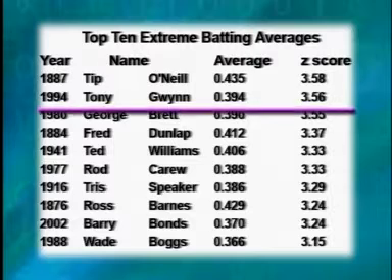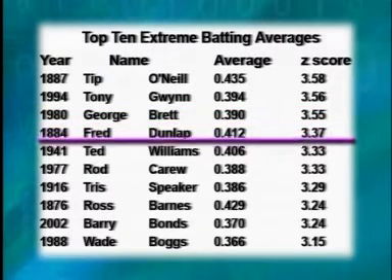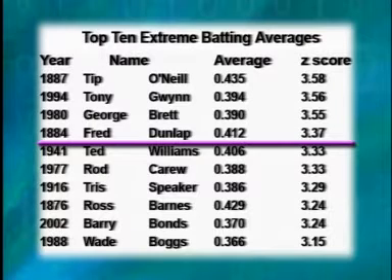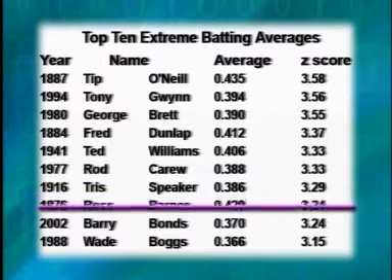Then we move on to George Brett in 1980, and then back to 1884, Fred Dunlap, and then we get to Ted Williams, Rod Carew, Tris Speaker, and so on.